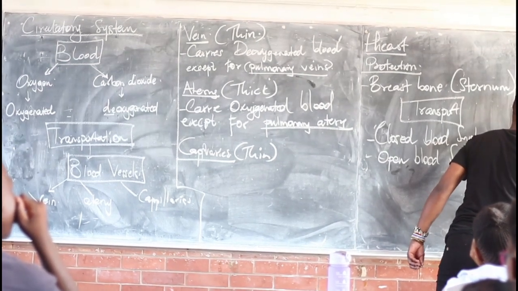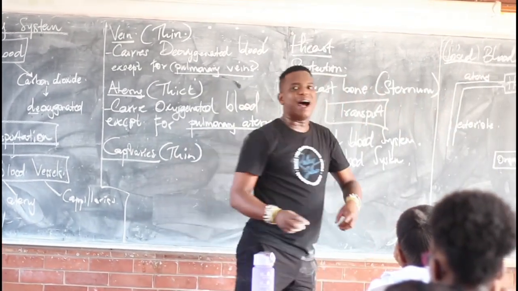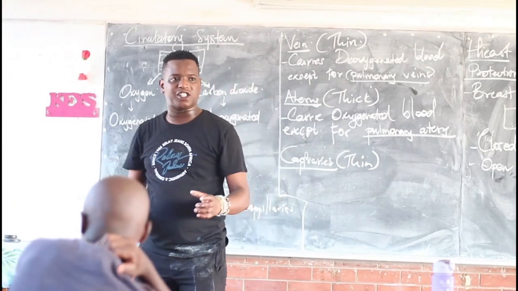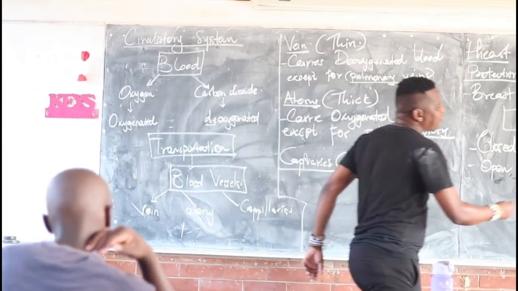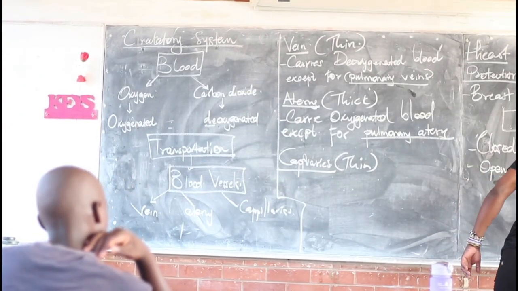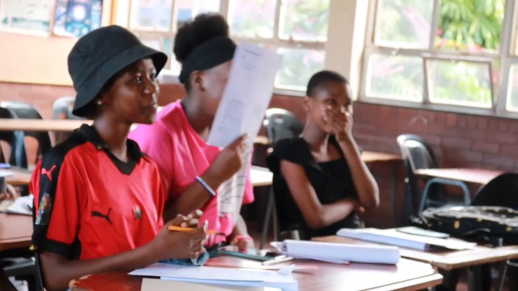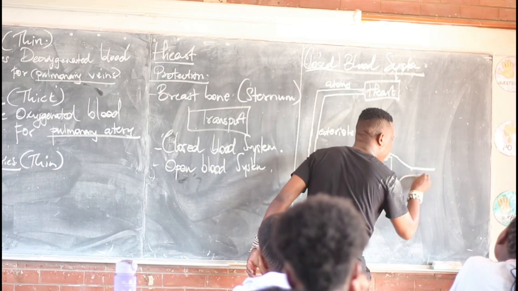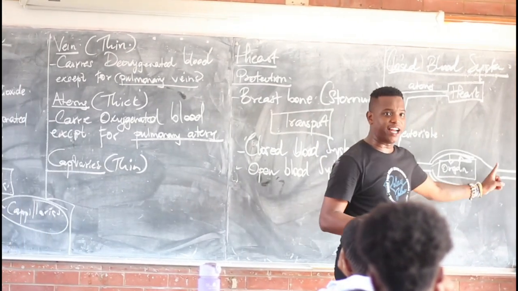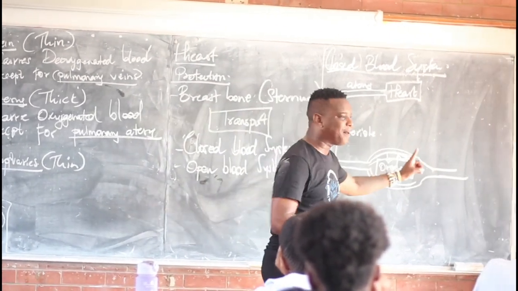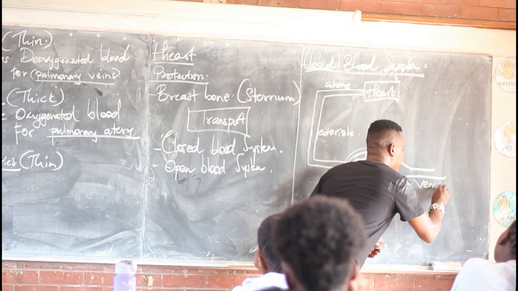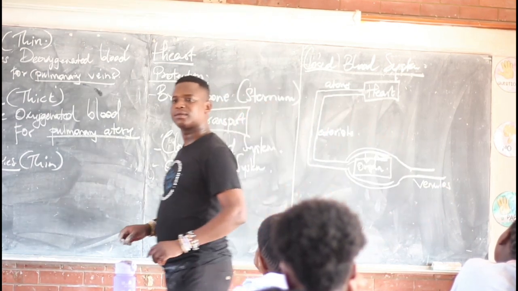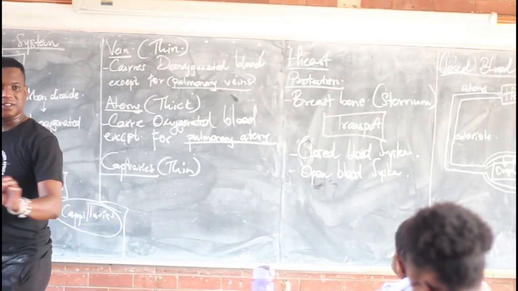Then there is an organ where we want to do the gas exchange. When we are done, the capillaries rejoin. When the capillaries rejoin, they are no longer called capillaries, but venules.